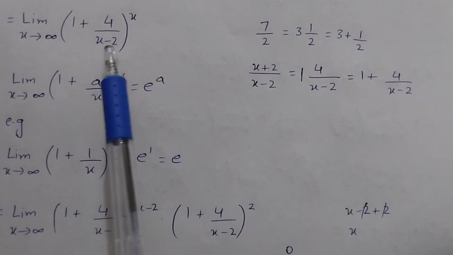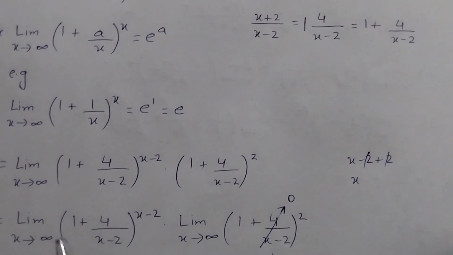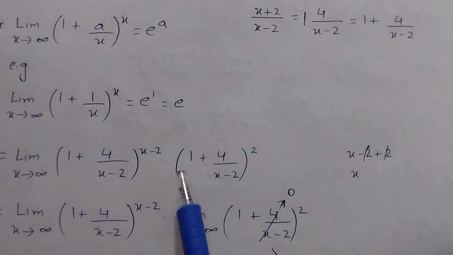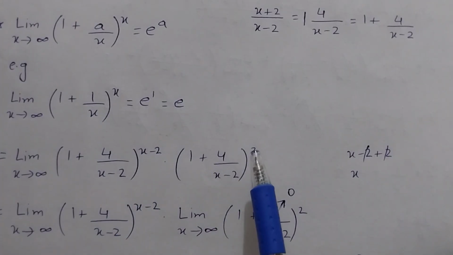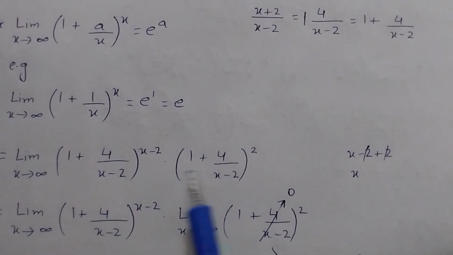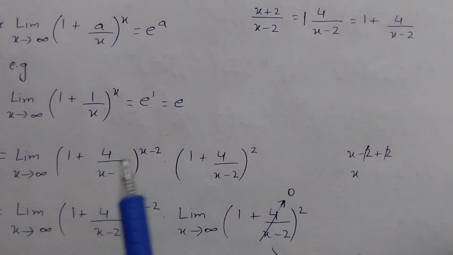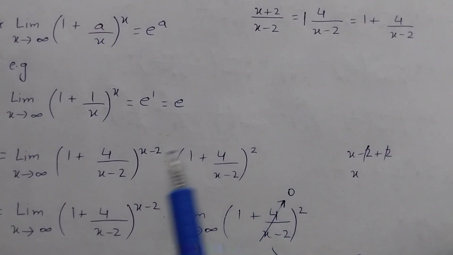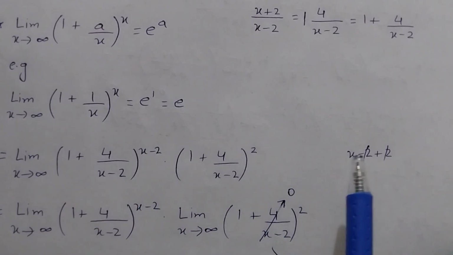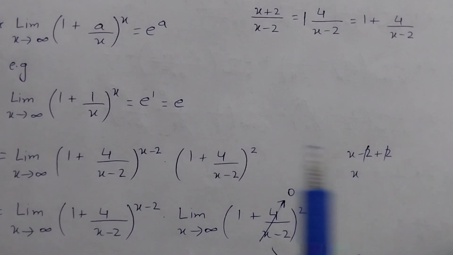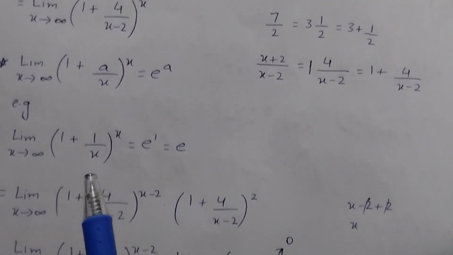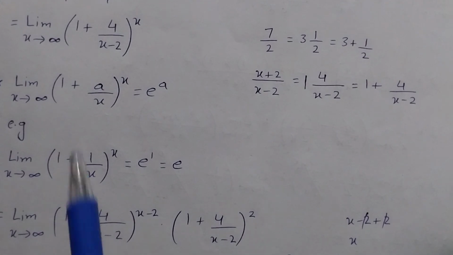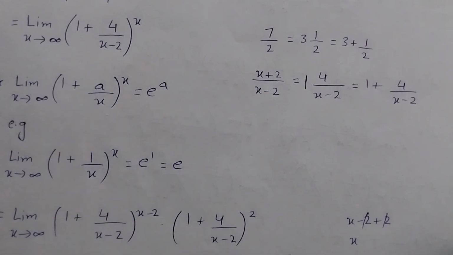We can write this as (1 plus 4 over x minus 2) raised to power x minus 2 times (1 plus 4 over x minus 2) whole squared, because when the bases are the same, the powers are added, and when we add x minus 2 and plus 2, we get x, because minus 2 and plus 2 cancel out. So we indeed get our required limit, (1 plus 4 over x minus 2) raised to power x.